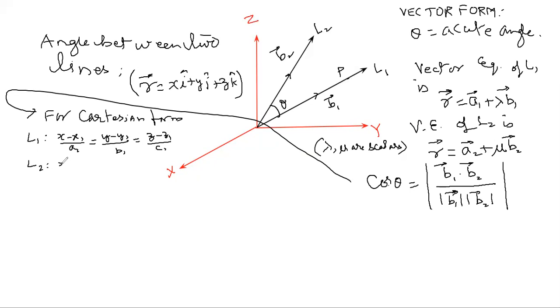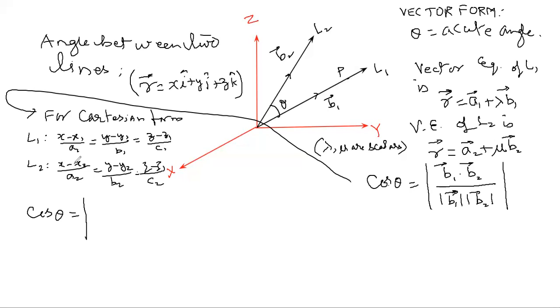Similarly, line 2 passes through the point x2, y2, z2, and its DRs are a2, b2, c2, so x minus x2 upon a2 equals y minus y2 upon b2 equals z minus z2 upon c2. If the equations are given in this way, then the angle between them, cos theta, will be the same thing.